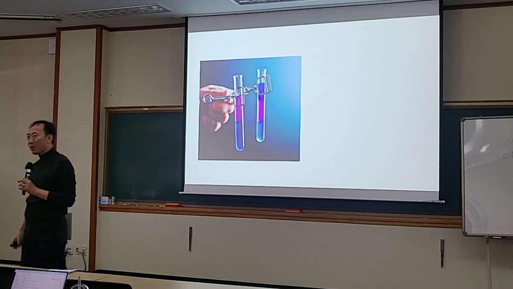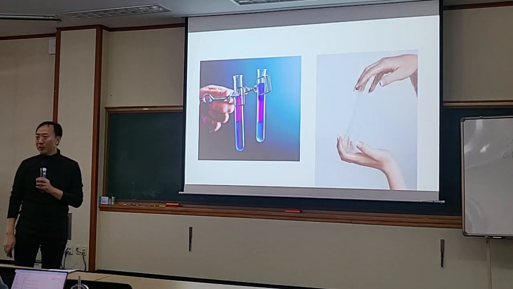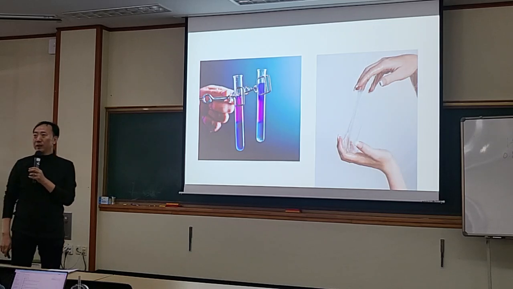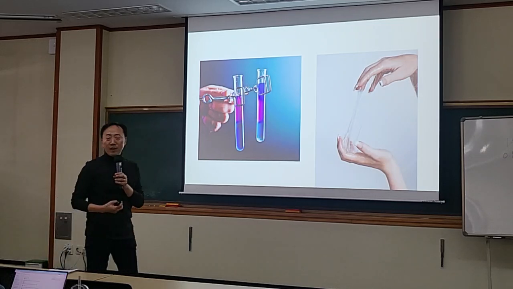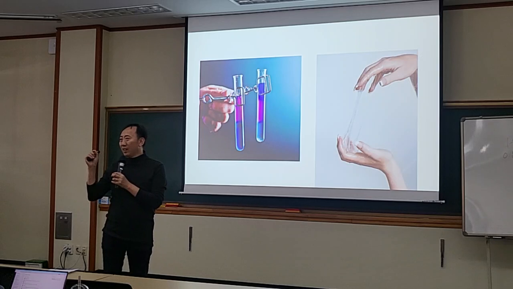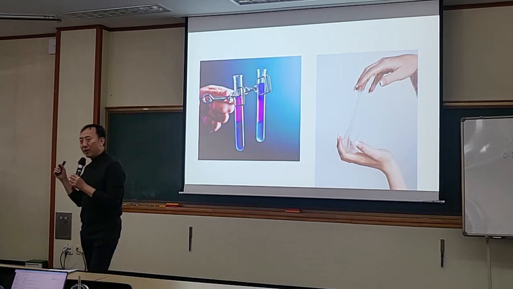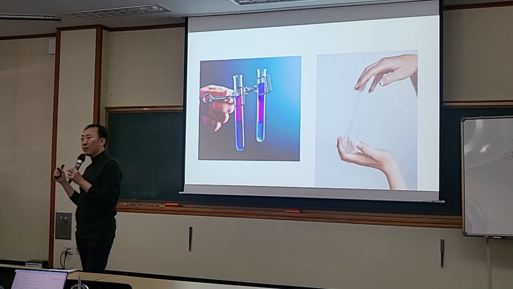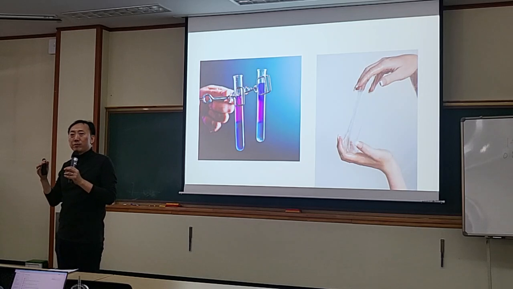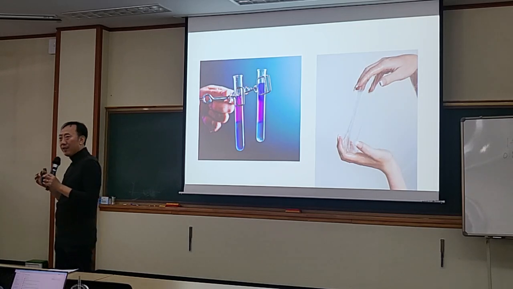But DNA is actually quite sticky material like this. If you take out the DNA from the cell, it looks like a sticky material, very boring. If you analyze those components, the components are quite boring too. Protein is much more interesting and diverse.